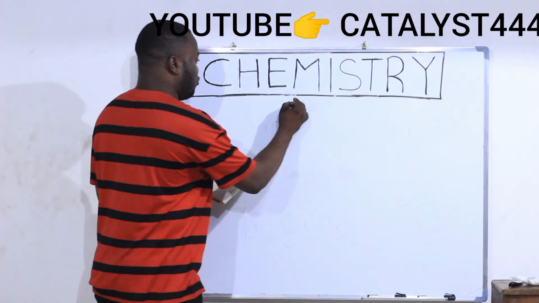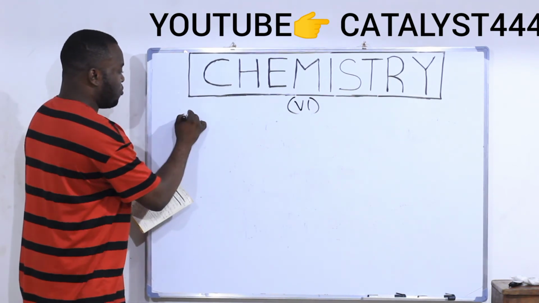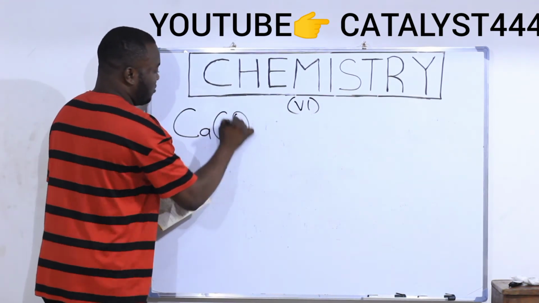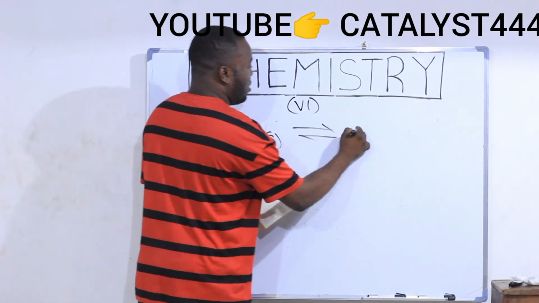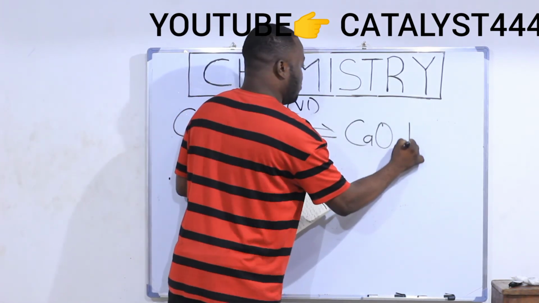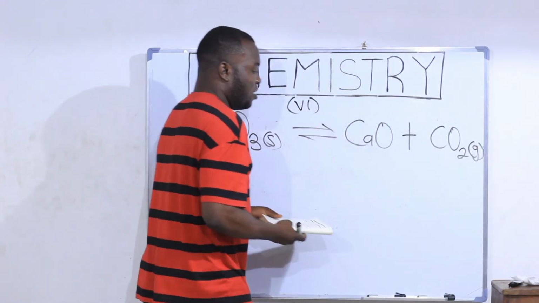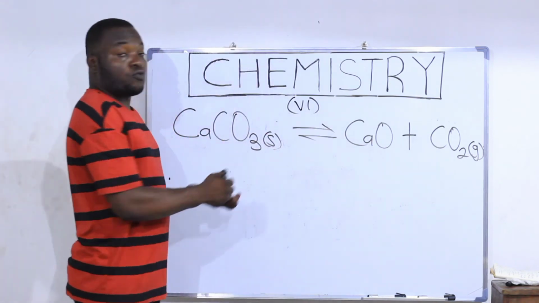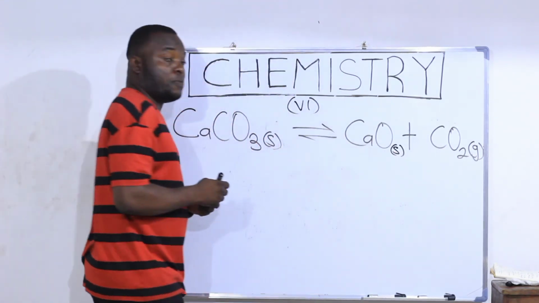The fifth equation says we should write the expression for equilibrium constant for calcium carbonate, the solid state, producing reversibly calcium oxide plus carbon 4 oxide gas. Let's rush it. If you look at the equation once again, you notice that the equation is already balanced.